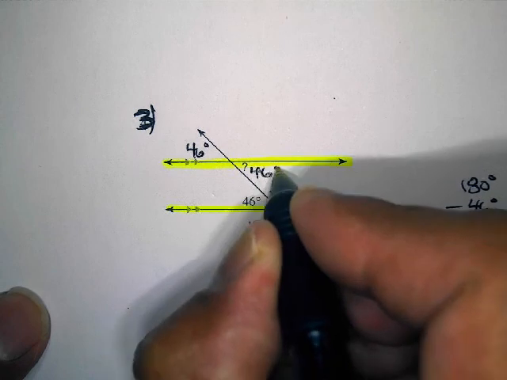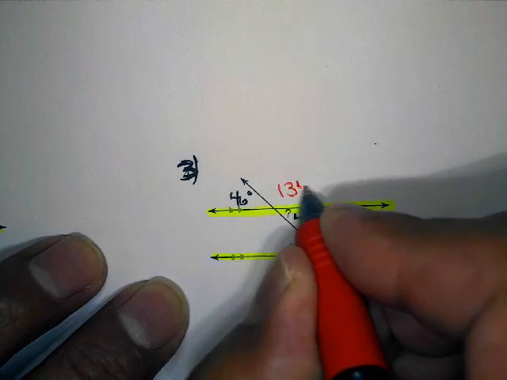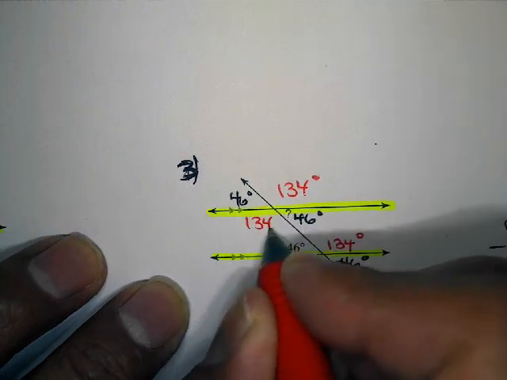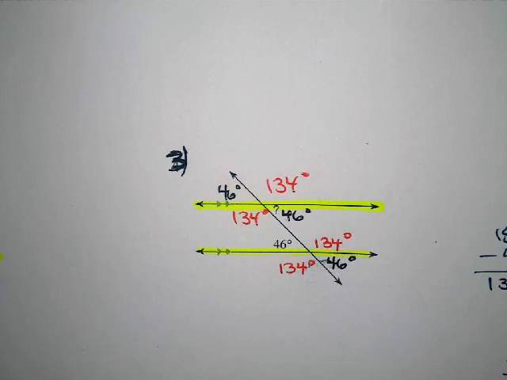So this is 46 and 46, these smaller slices here. And this is 134 and 134.